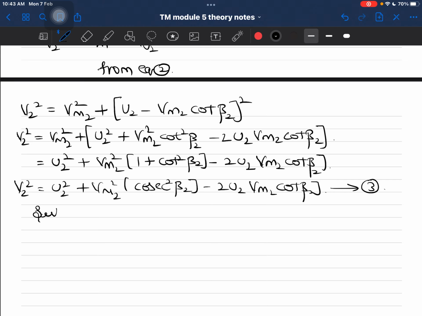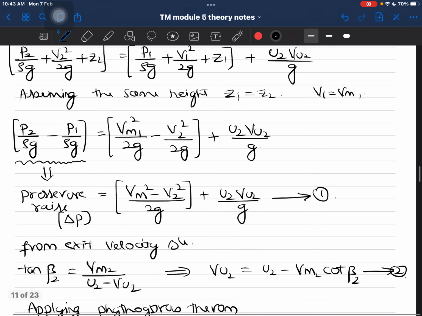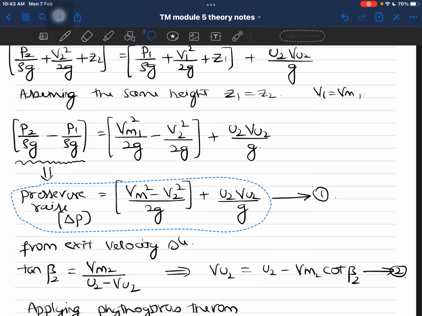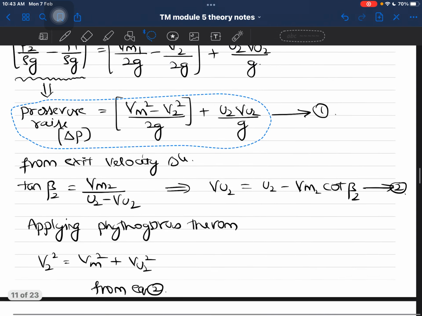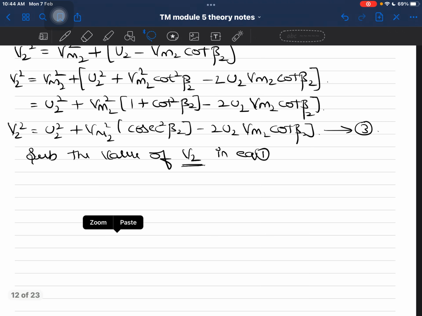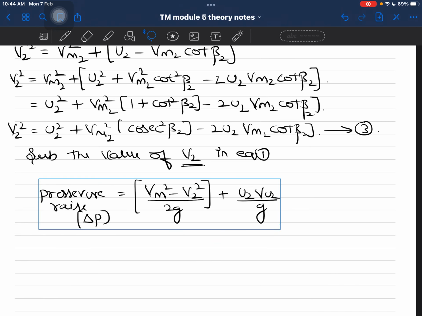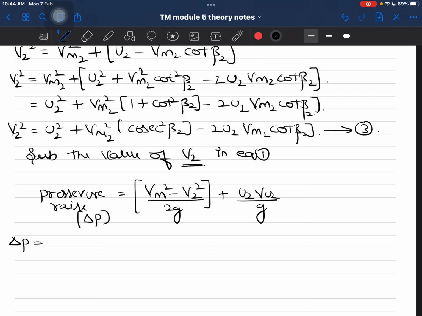Now substituting the value of V2 in equation 1. Okay, what was equation 1? I will just pick that equation number 1. So this is the equation number 1 that I have. In this particular equation I am substituting the value of V2. So what happens, we shall see.